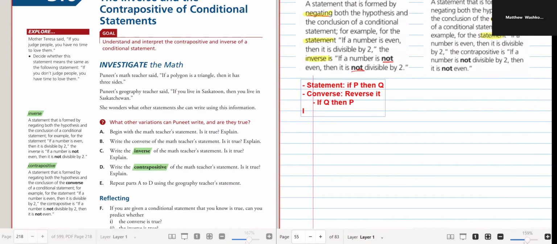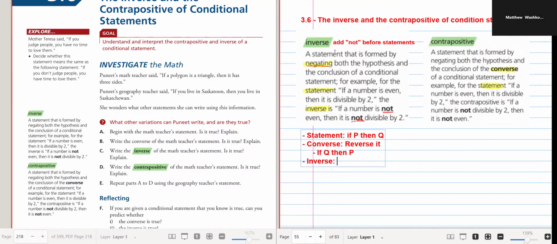Now, the inverse, right? The inverse is I'm going to do the opposite. Okay. So if not P, then not Q. And if you're wondering, well, how do I remember this?